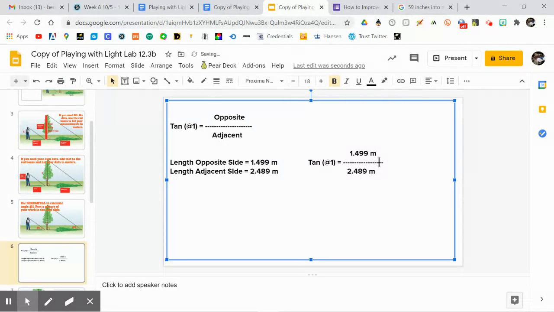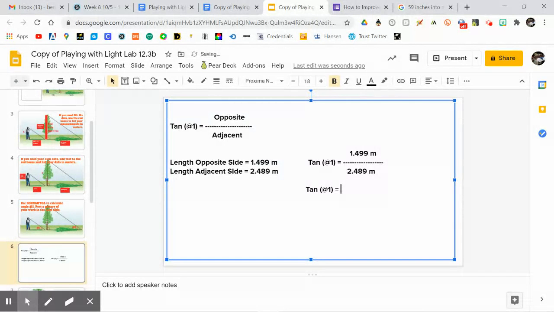Now how am I going to solve this? I'm just going to divide 1.499 by 2.489.